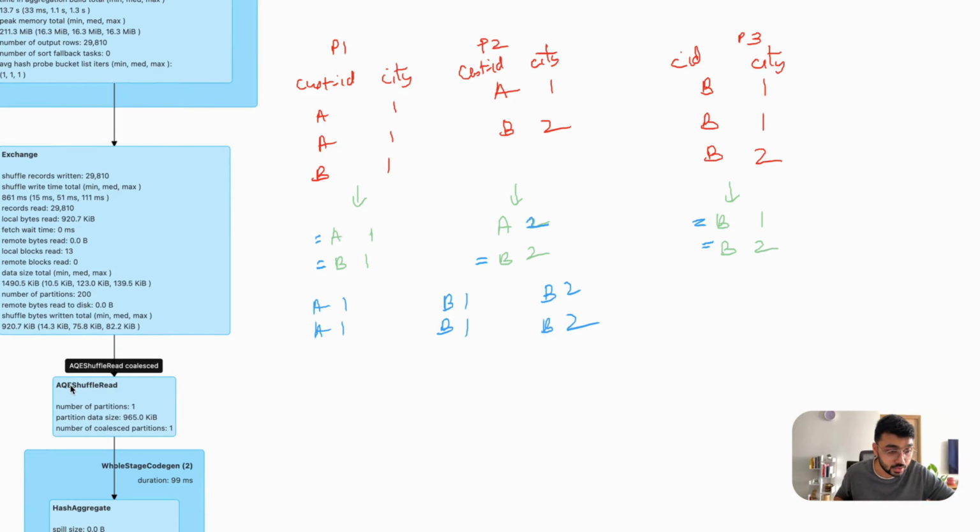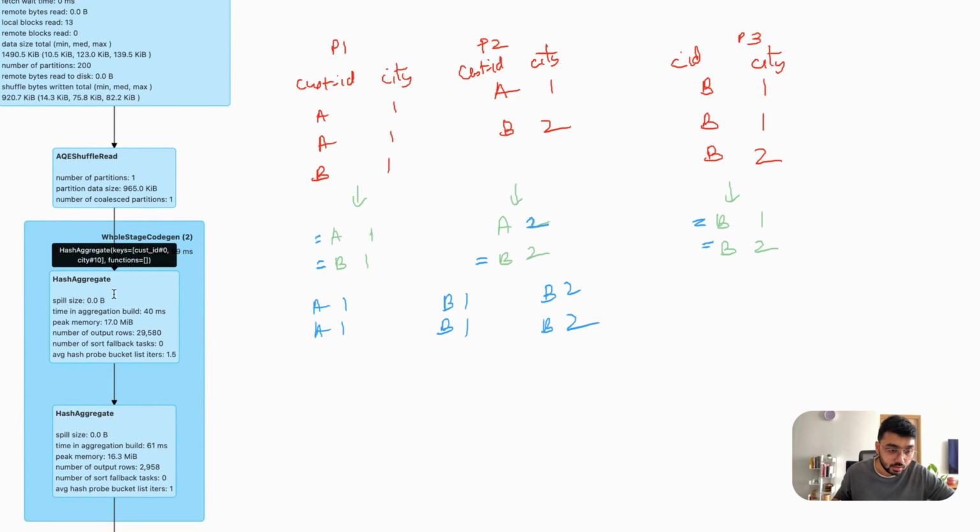And then you see AQE does an improvisation, because initially the number of shuffle partitions were 200, and then it found out that most of them were empty, and then it coalesced it into one partition, right? Then what we see is again a distinct being done, right?